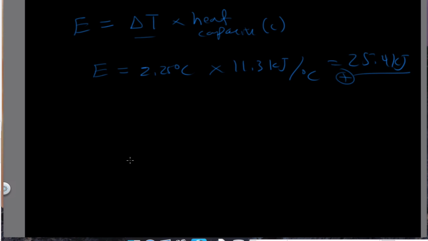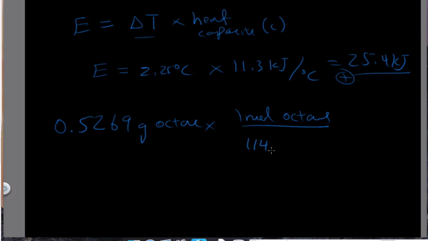So the number of moles of octane, just take the grams, right? This is a pretty simple stoichiometric calculation here: grams of octane times 1 mole of octane over 114.2 grams of octane, right? And that's just the molar mass of octane. This is basically 4.614 times 10 to the negative third moles of octane, right?